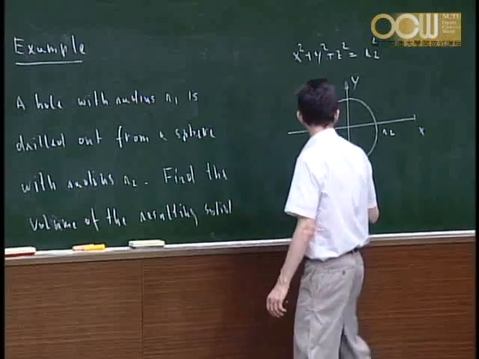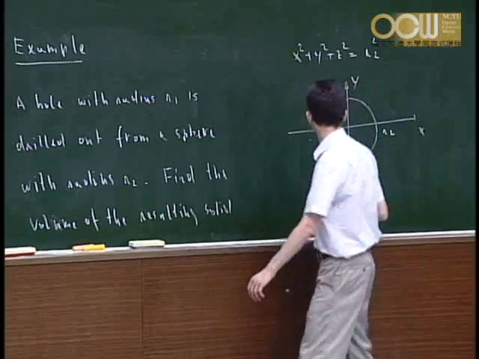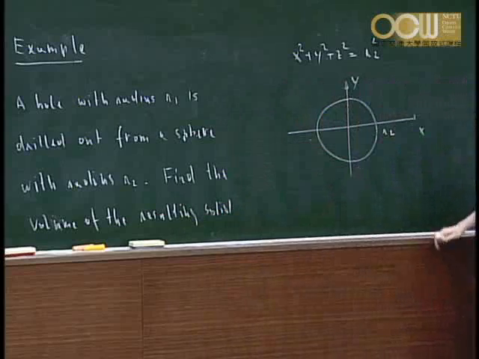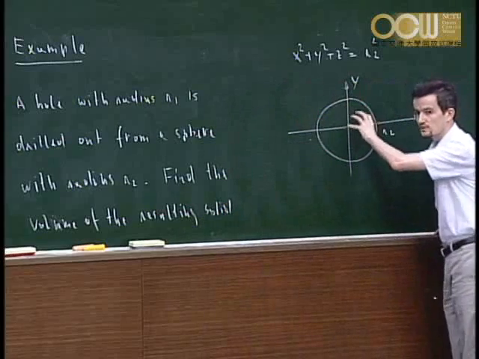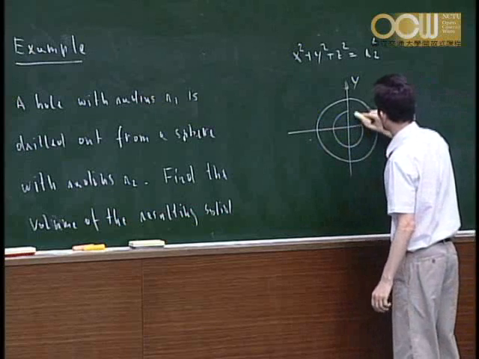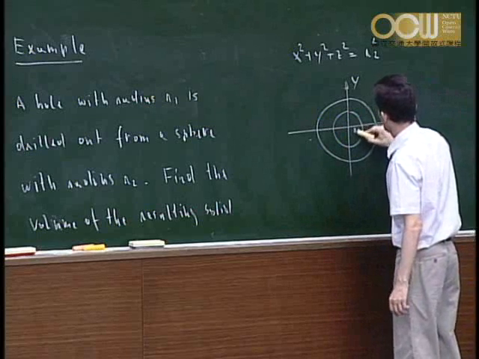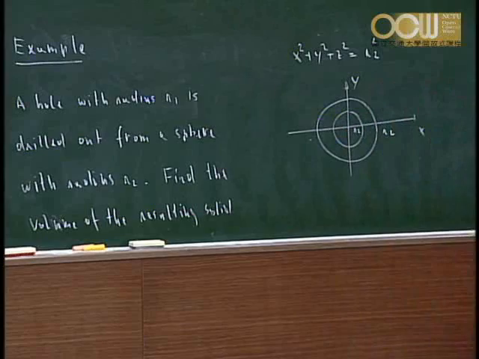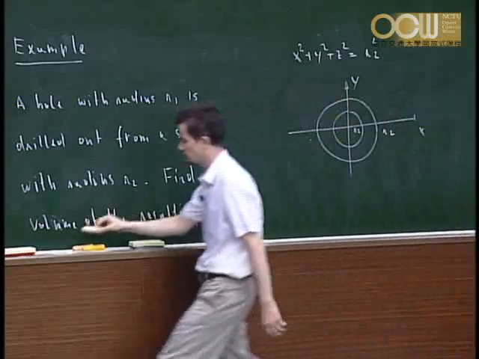And what we drill out is a hole. Because this is not very precise, I drill it out not somewhere, but at the center. So I get here a hole. So this is the D over which I have to integrate.